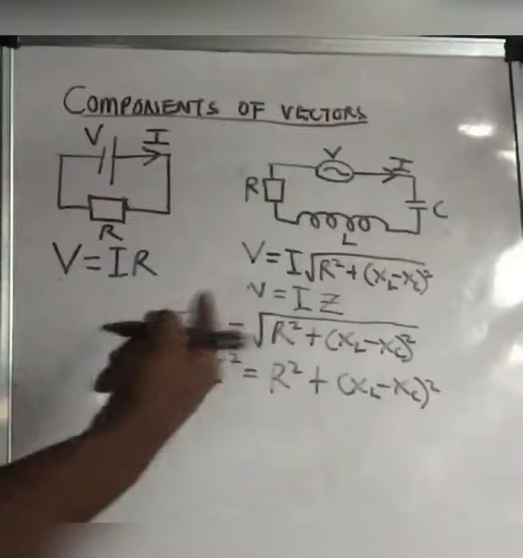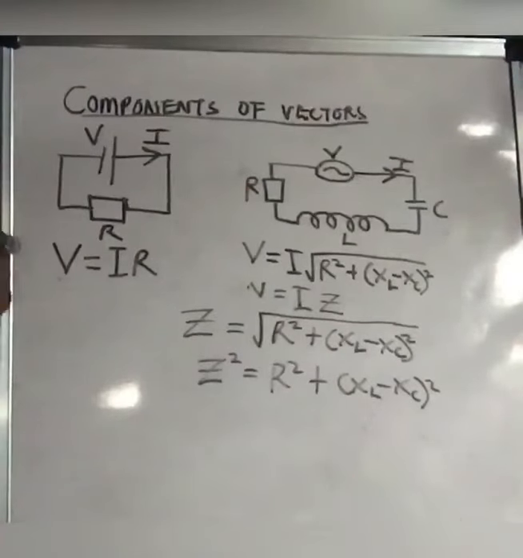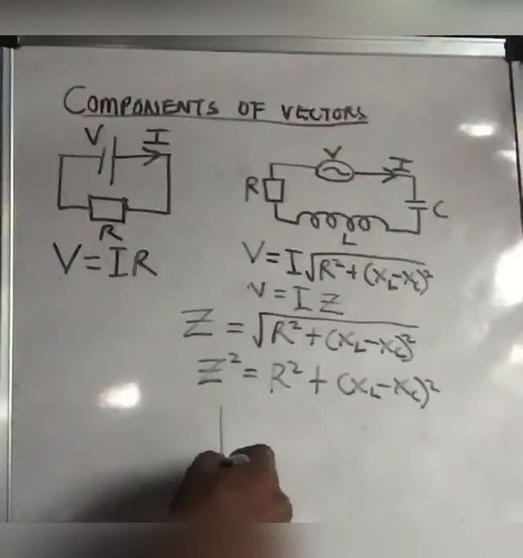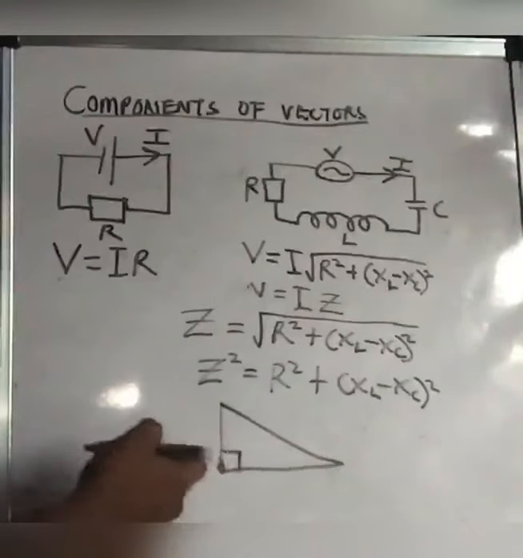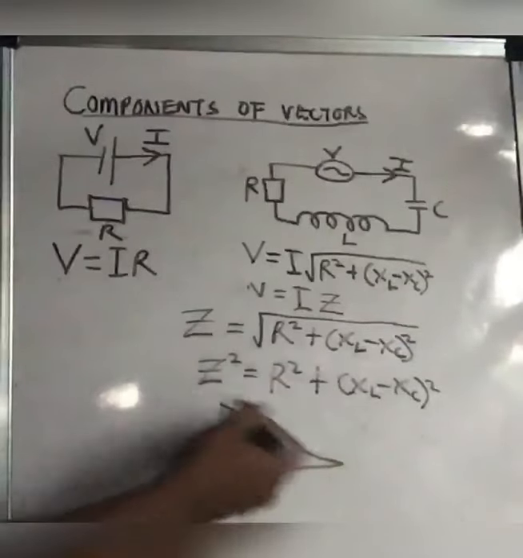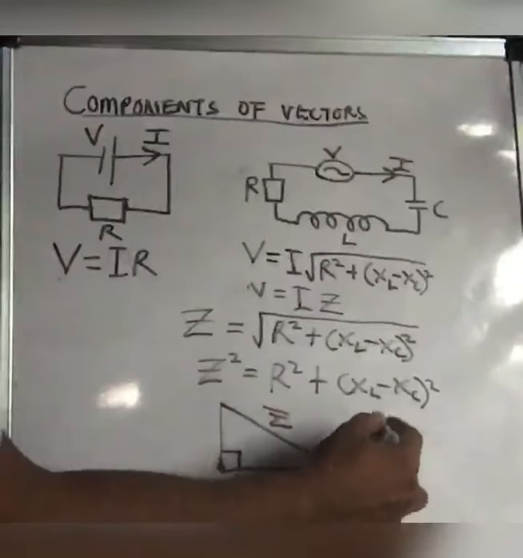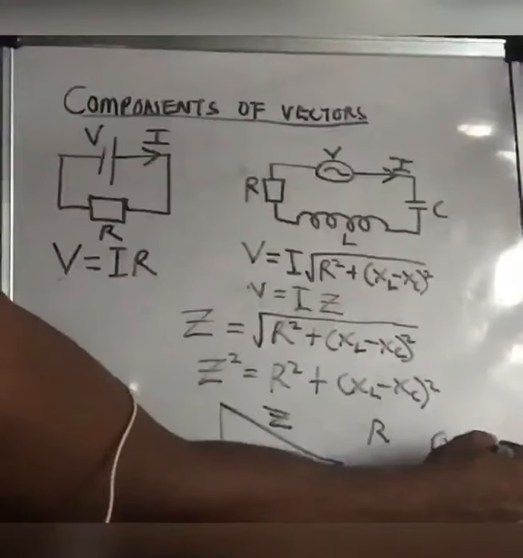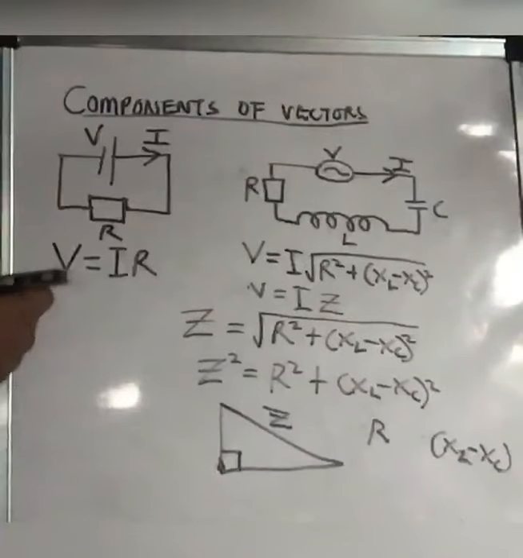Does it draw anything to your mind? This is Pythagoras' theorem, one of the peculiarities of a right angle triangle. This is a right angle triangle. Then this should be the hypotenuse. Then this and this, R and XL minus XC, would be either of these two sides.